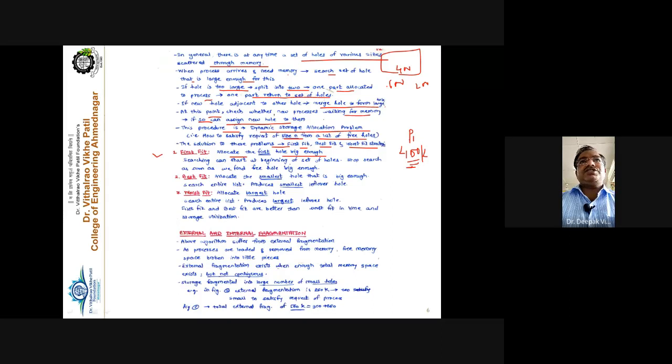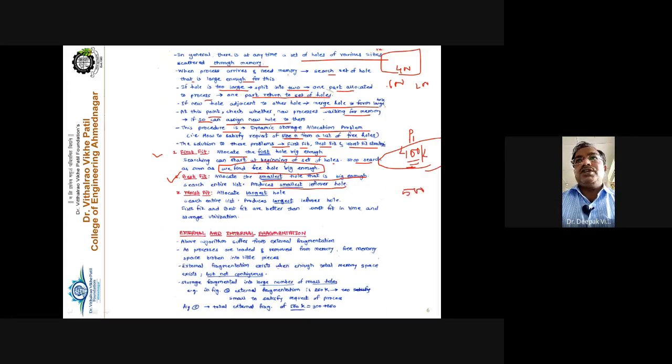That is, the search can start at the beginning of the set of holes and stop as soon as we find a free hole that is big enough. The second algorithm is the best fit strategy. Best fit says allocate the smallest hole that is big enough, meaning the one that produces the smallest leftover hole. Demand is 400K, and there are two holes available.